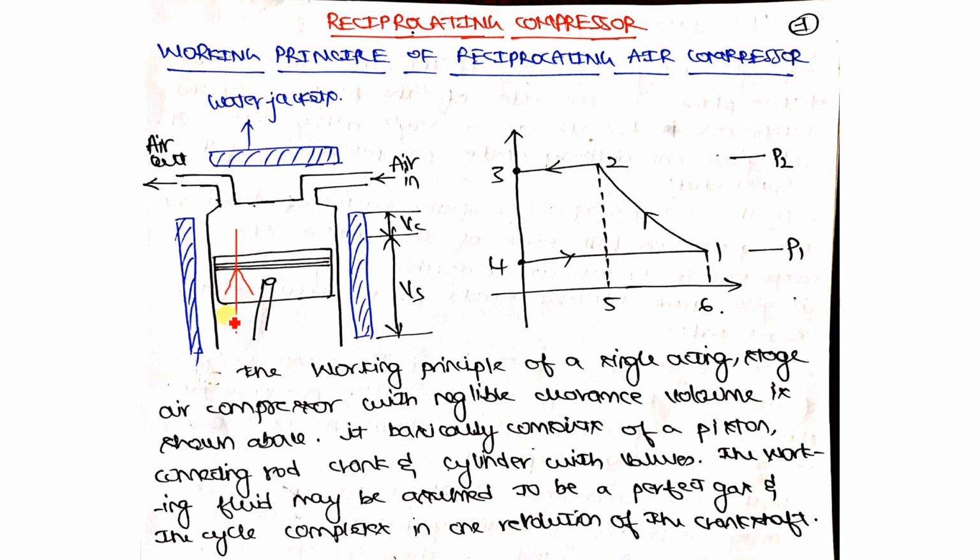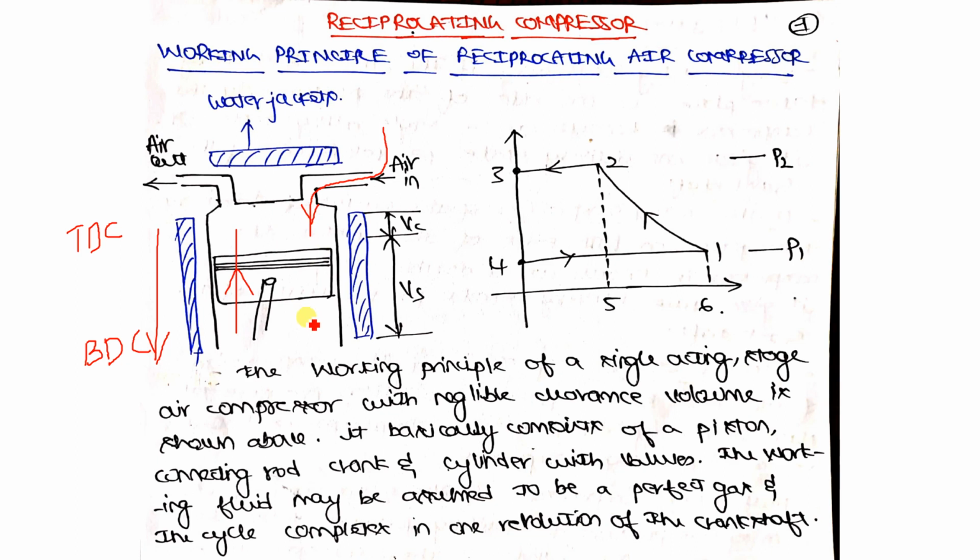Because of the various strokes, the air is sucked inside first, because of the movement of the piston from top dead center to bottom dead center. So what are dead centers again? This is your top dead center and this is your bottom dead center. Your piston moves from top dead center to bottom dead center during the suction stroke.